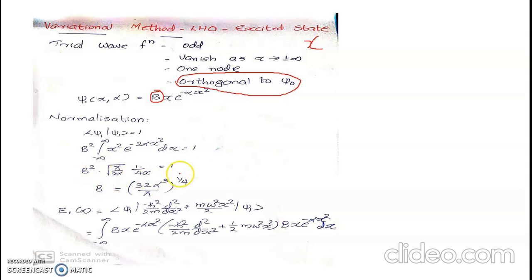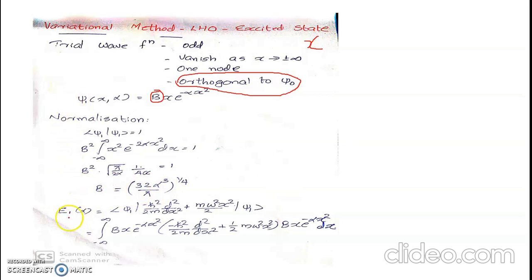Take these terms to the right side so that I just take the reciprocal: square root of 32 alpha cube divided by pi, so that b equals the square root of the square root term, which makes the power 1 by 4. So the normalization constant here is 32 alpha cube by pi raised to 1 by 4. Take care of this term. In the integral there will be b or b square coming out, that is to vanish with the reciprocal of this term. So the first step is over.